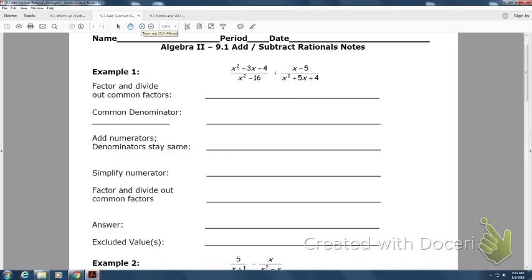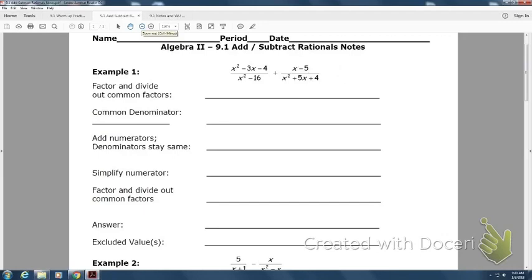So, starting on this first one, I'm going to take the numerator and denominator of both fractions and factor every little piece that I can. Okay, I want everything to look like this, or multiplied by another factor.